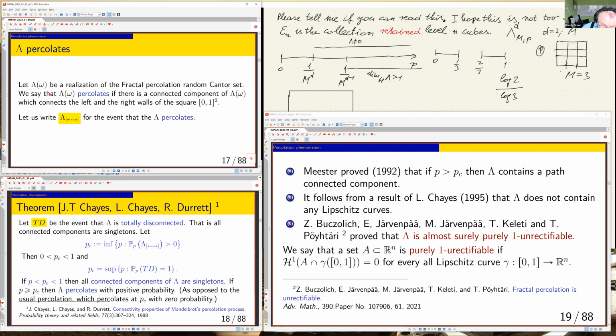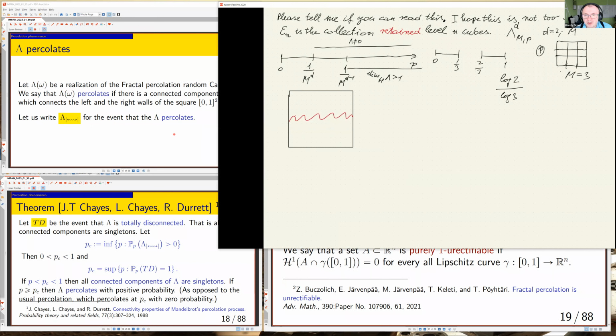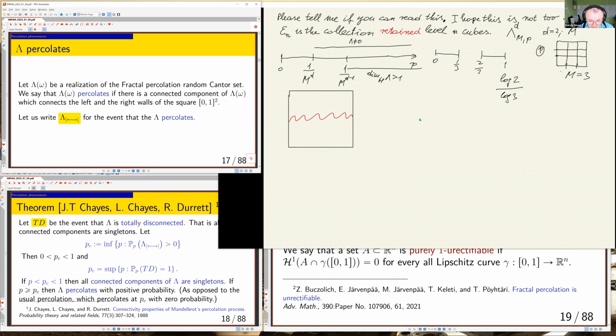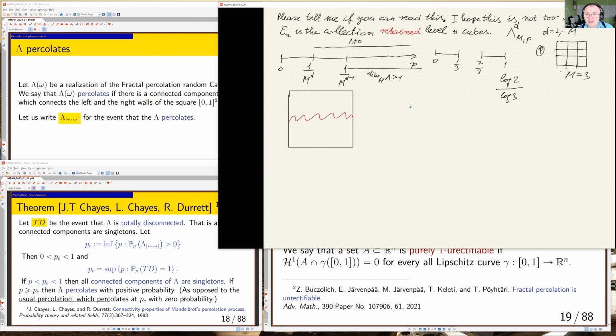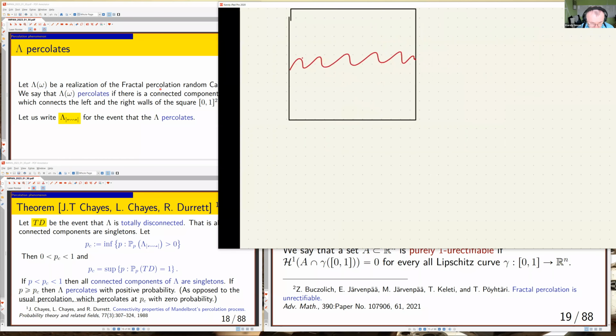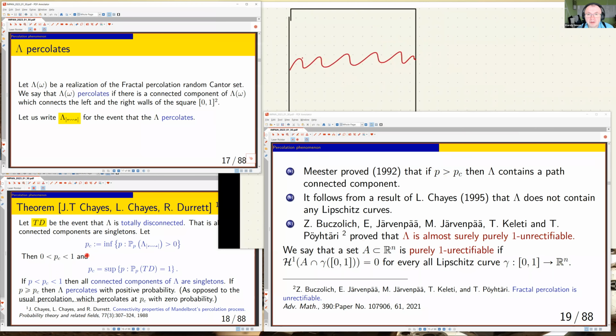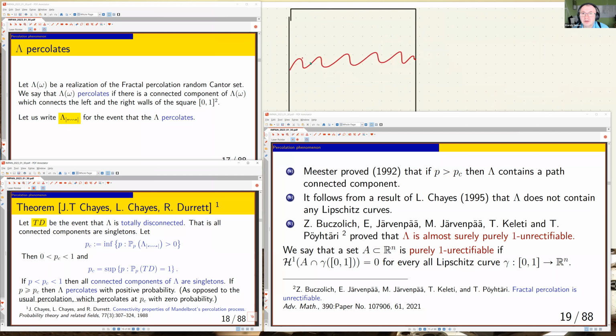And then you have lambda, which consists of lots of points. But if there is something like this, so if lambda consists, maybe it's, just a moment, I need to try out. But yeah, this is better. Okay. So if something like this happens, then it means that it percolates.